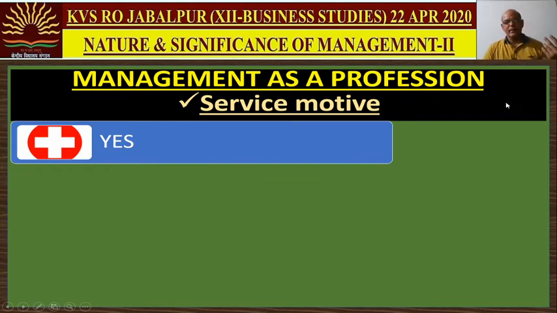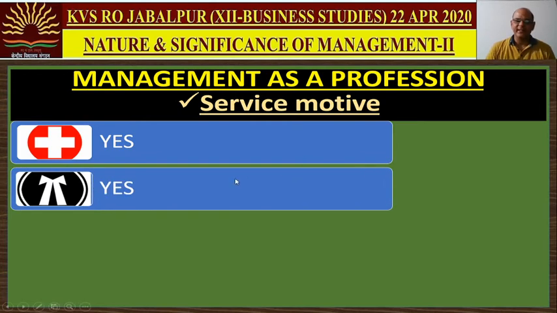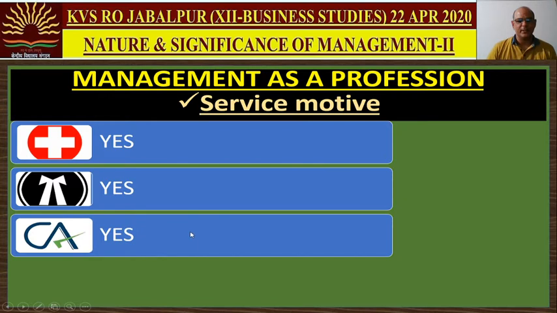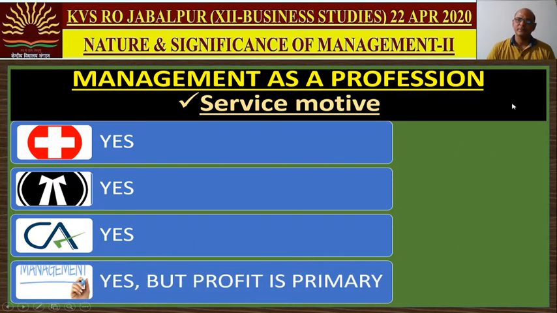Doctors, we suppose that a doctor will keep the service motive primary and will keep the earning motive secondary. The same is expected from the legal practitioner also. The same is expected from CAs. But for managers, we have studied about objectives of management in the previous session, that it is survival, profit and growth.